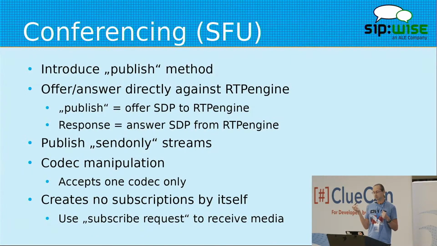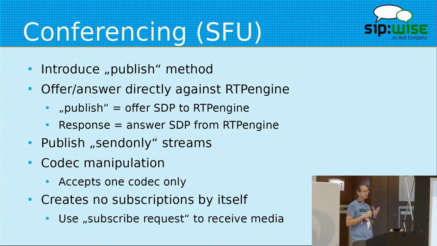RTPengine would accept one codec only, and you can influence which one it is, so you can give it a list of preferences, which ones you prefer. And the publish does not create any subscriptions on its own. So if you do just the publish and start sending your stream, this essentially ends up nowhere. It's like a black hole, it doesn't get forwarded anywhere until you add subscriptions elsewhere.